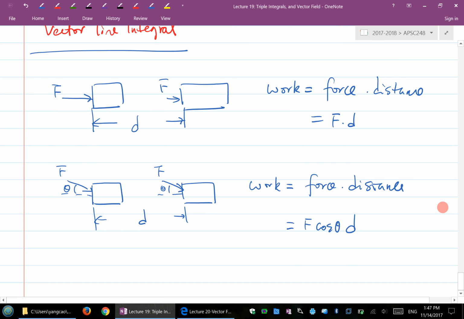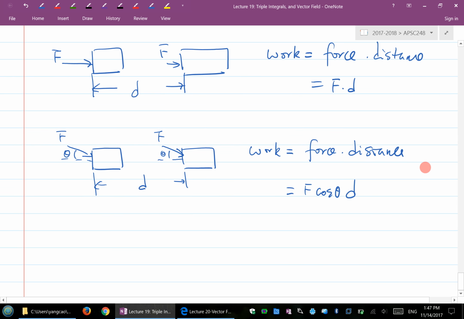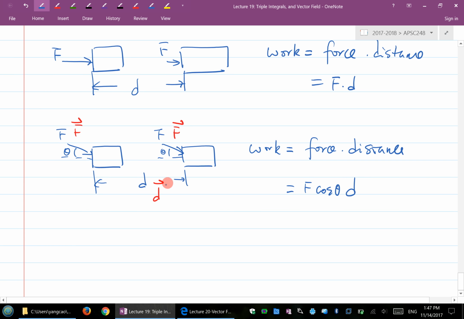Now in the university you learn vectors. Then you describe the same thing using vector concepts. Let's say I use F, instead of just F, I'll use the vector here. Instead of d, I'll use the vector representing the displacement. So if I come back to the same formula, how much work is done for this same question?